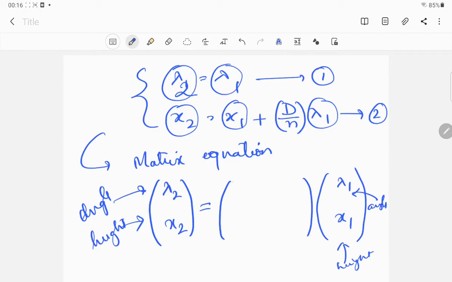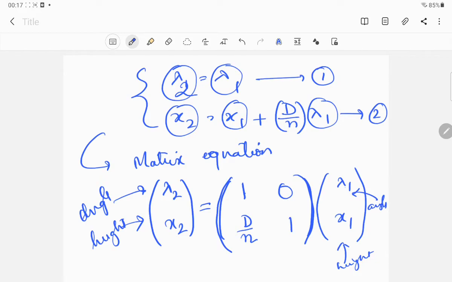Now if we convert it, then what should be this matrix? This is the main important matrix that we are going to fill up. Now suppose that if I keep 1 here, it will be 1 into lambda plus 0. So it should be 0 here. Okay. Similarly, I want to have x2 equal to x1 plus d by n into lambda 1. So x2 equal to what we should write here. I will write d by n and here I will write 1.